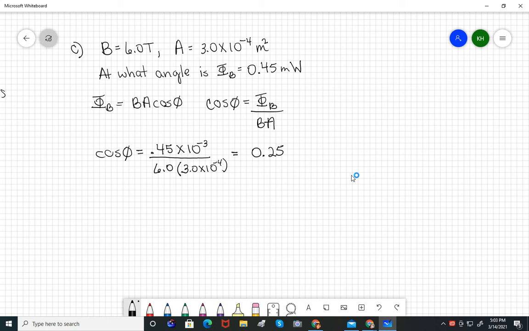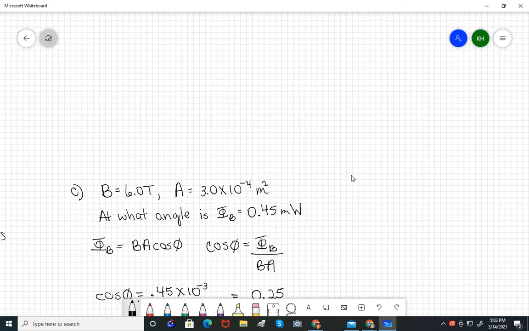To get the actual angle, I have to say that the angle is the cosine inverse of 0.25. You do want to make sure your calculator is in degrees so we get an answer in degrees when working with cosine or cosine inverse. So in this case, phi is 76 degrees. If you rotate it until the normal makes a 76-degree angle with the magnetic field, then you will have the magnetic flux drop to half of its previous value.